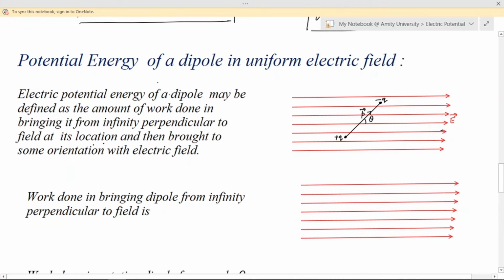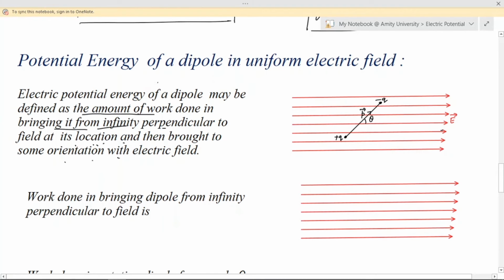What is the basic concept behind this? We always find the work done in bringing the system of charges to their locations. Whatever is the total work done, that is equal to the potential energy. So accordingly here we can find the potential energy by calculating the amount of work done in bringing it from infinity, perpendicular to the field, to its location and then bringing it to some orientation with this electric field.